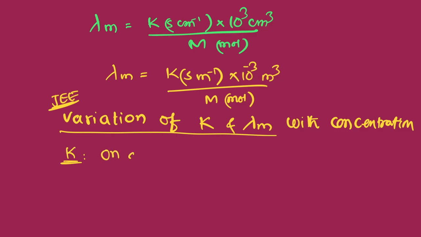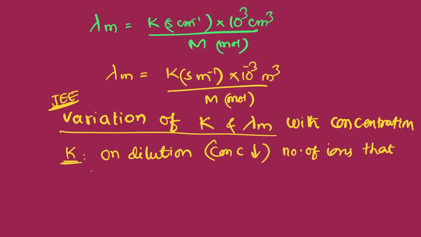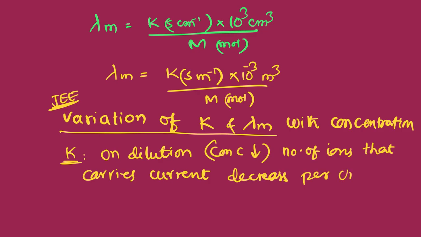On dilution, concentration decreases, and also the number of ions that carry current decreases, that is per unit volume.